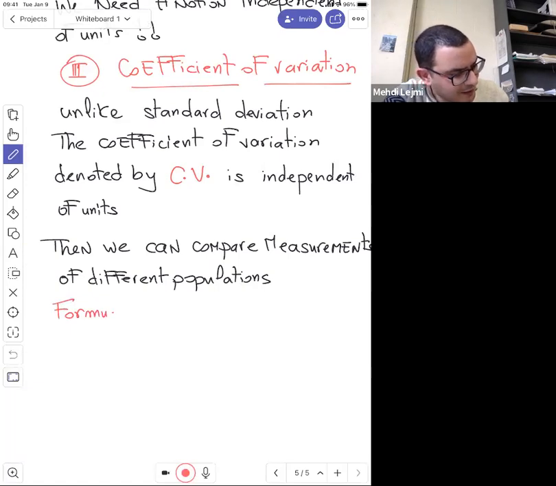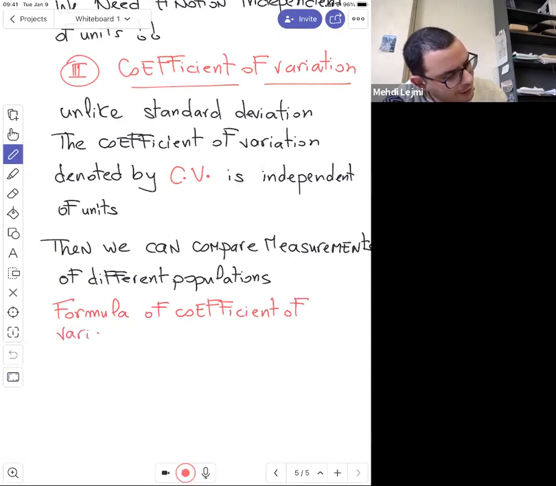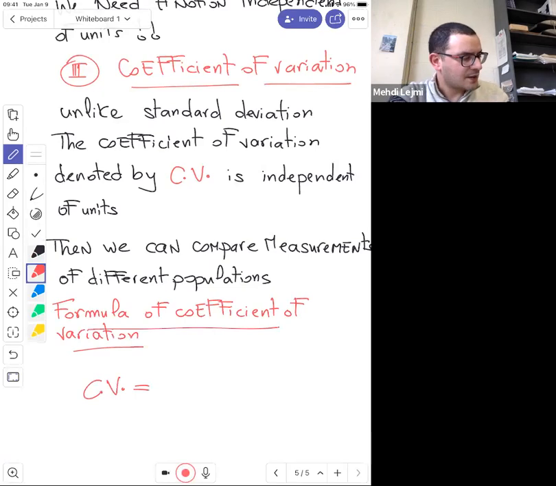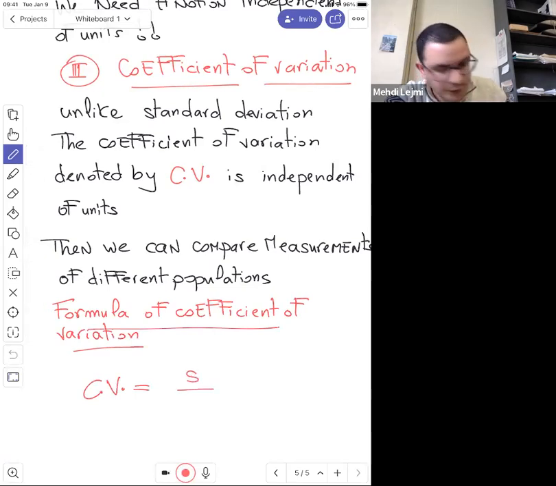CV is equal to S, the standard deviation, over the mean, X bar, and then we need to multiply by 100. That will give you a percent.